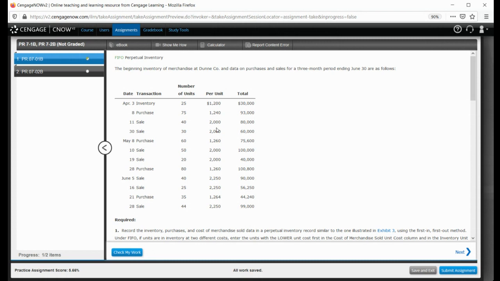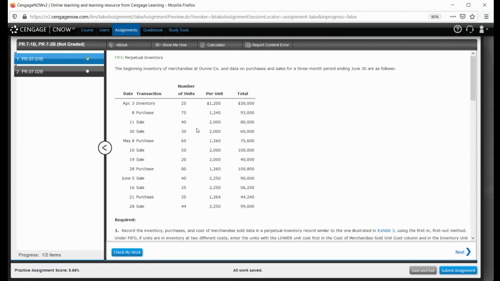Now, I want you to realize in the additional information that they've given you, 2,000 is the selling price of the inventory. It is not the cost. This 2,000 is what they sold the merchandise inventory for.